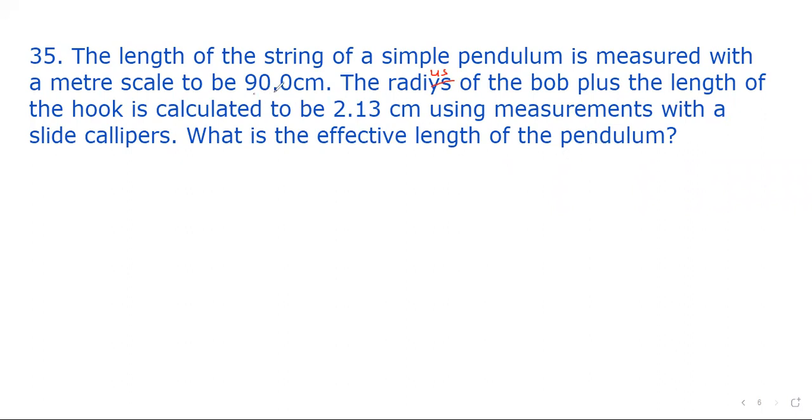So we have to add these two values, because this is the length of the string, this is the bob. So up to here, this is the effective length. This is given as 2.13 and this is given as 90.0.